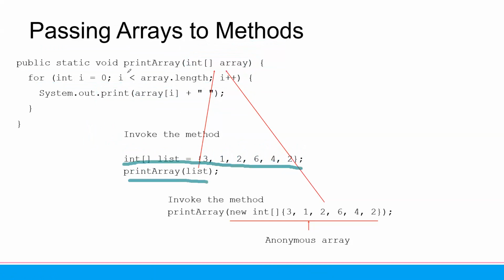What is printArray? Here is the printArray. And what is list? List is the variable which is an array containing these numbers. So I pass this variable into the parameter array, and then I'm going to print this one here.